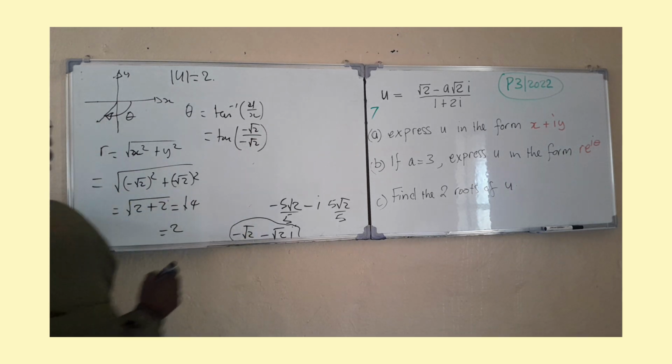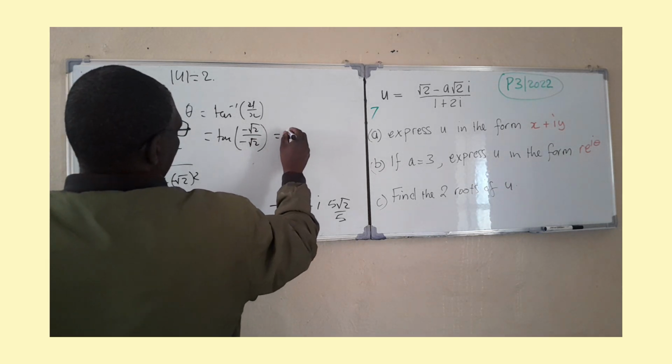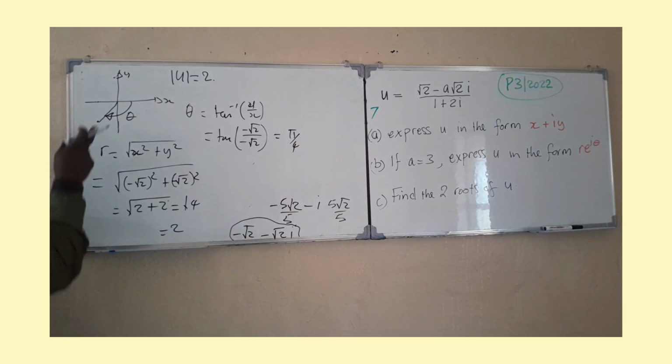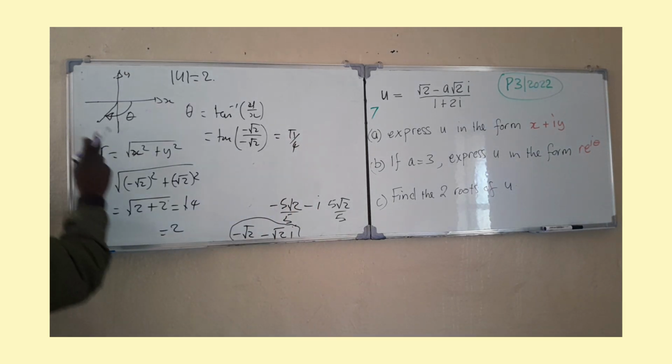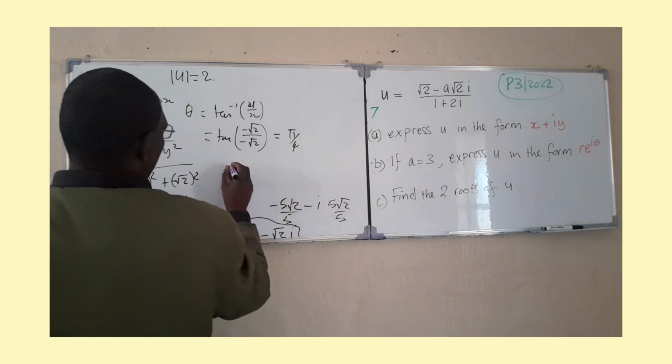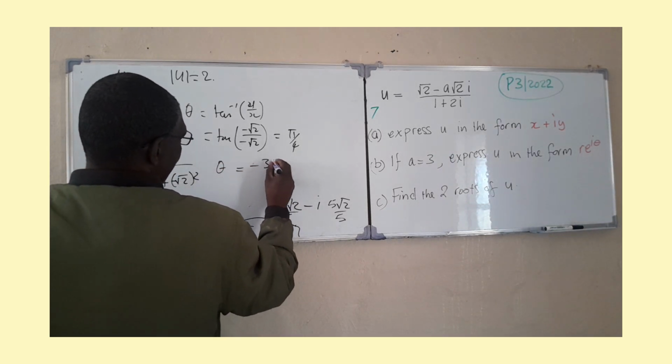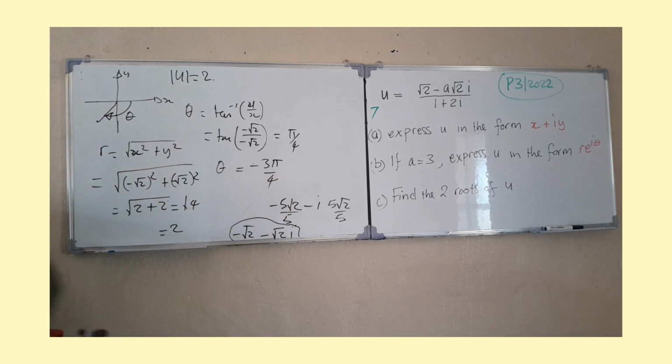And this is equal to pi over 4. But because our theta is in the third quadrant, it is actually equal to minus 3 pi over 4. You get that? It's minus 3 pi over 4 because it's in the third quadrant.